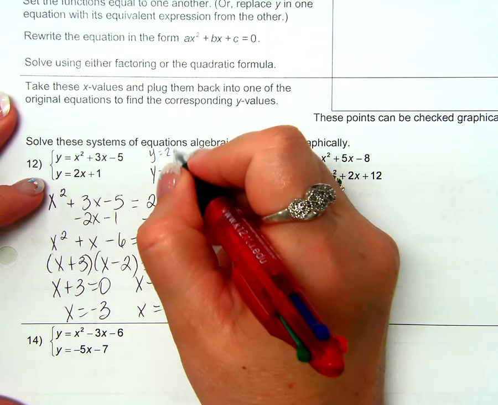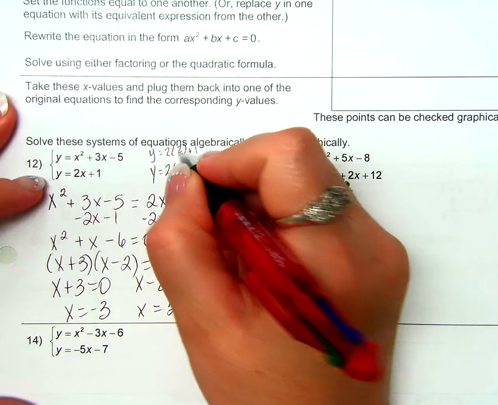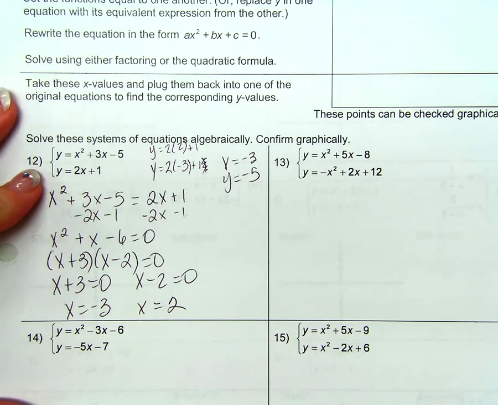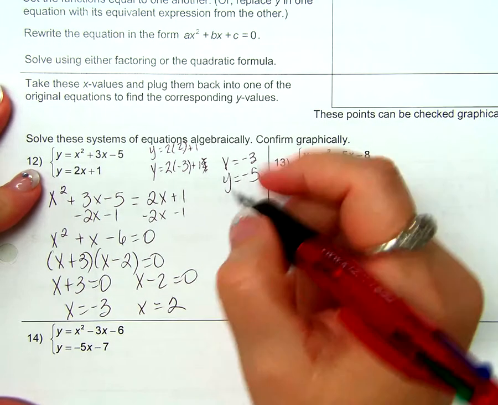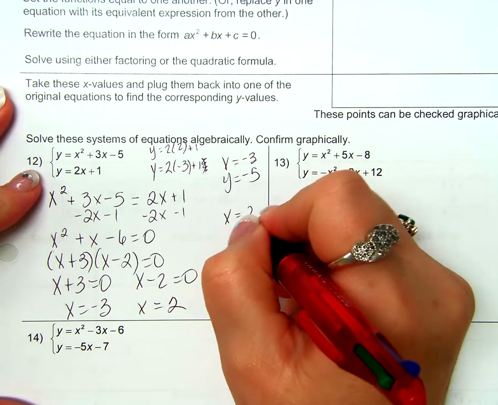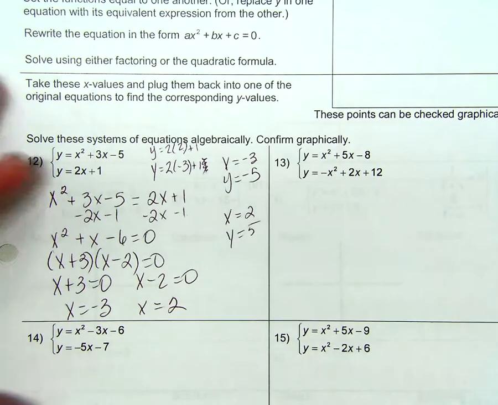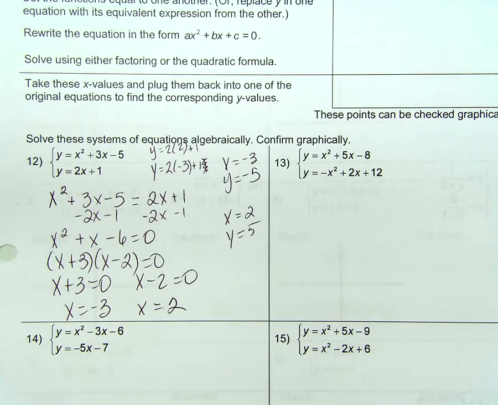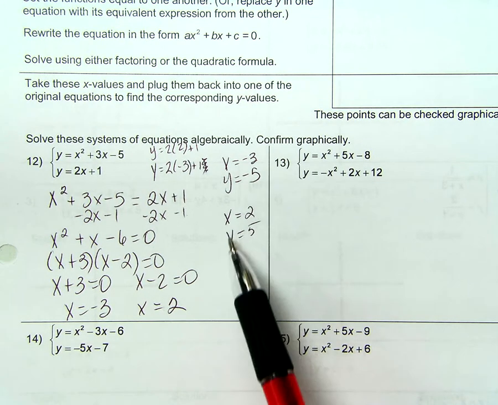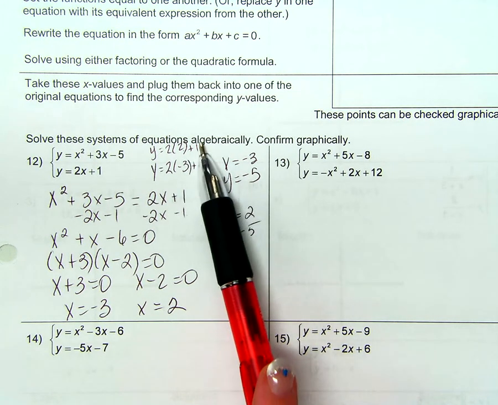y equals 2 times 2 plus 1. What is 2 times 2? 4. Excellent! Plus 1? 5. So when x equals 2, y equals 5. Is that how I should write my answers? This tells me that you know how to solve it algebraically.